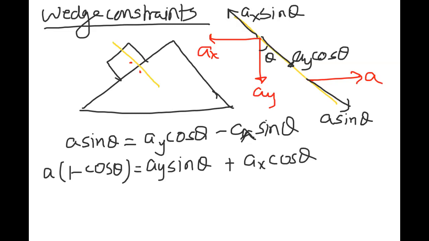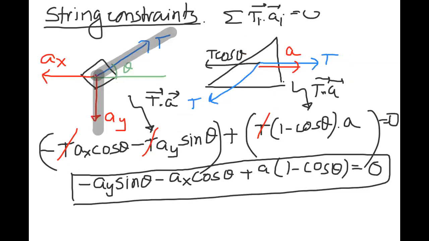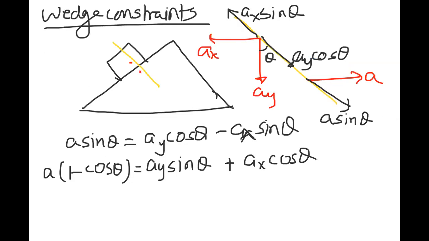So I want to solve this simultaneous equation, assuming that AX and AY are variables, and I want to get AX and AY in terms of A. Hopefully I'll end up with something more manageable.